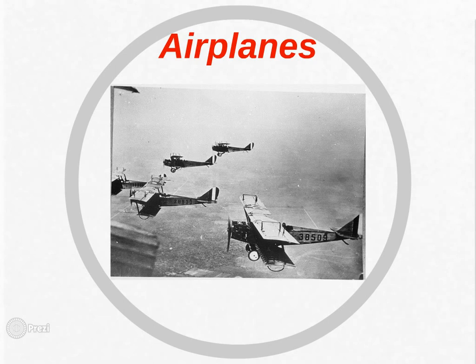Planes would go down and strafe soldiers in the lines and even bomb enemy positions. But the plane is not really utilized to the great extent. It's going to be utilized tremendously in World War II. But it was still so new, they really weren't quite sure how to use it.